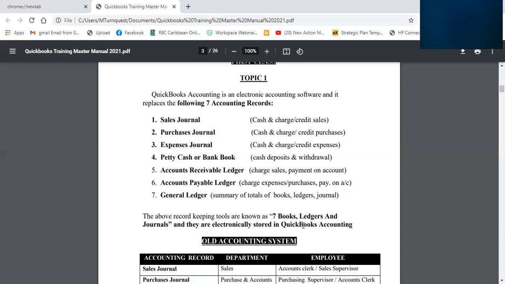The next topic is charge expenses, which we're still in expenses, but it's charge. And charge expenses are expenses that you incur, I-N-C-U-R, or use up and pay at a later date.